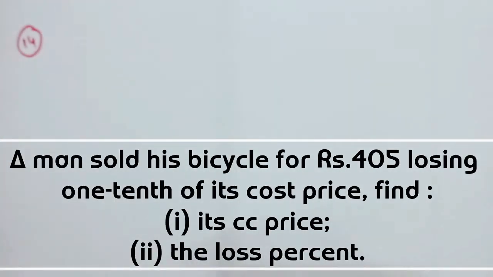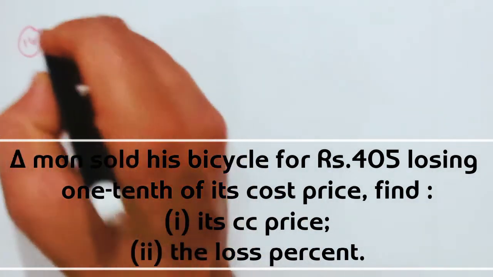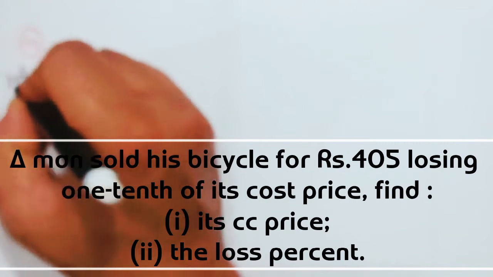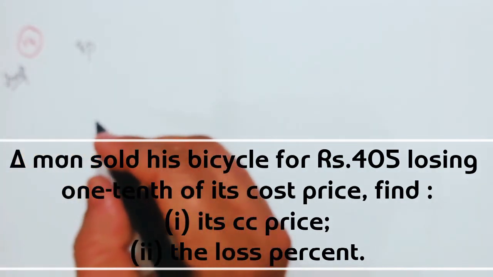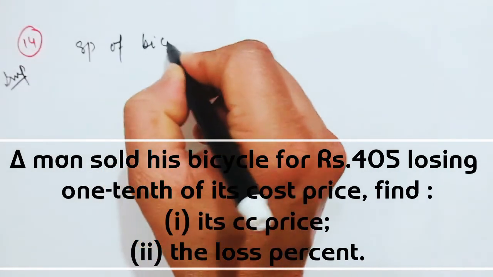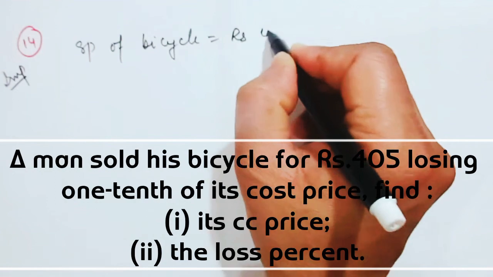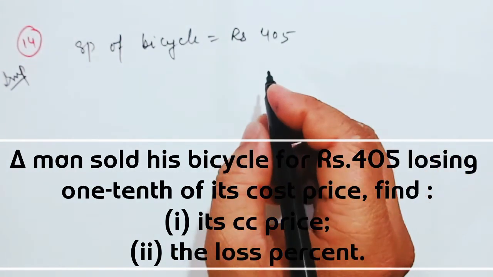A man sold his bicycle for rupees 405. These two sums are important. Okay. So the man sold his bicycle at selling price of bicycle equal to rupees 405. ठीक.